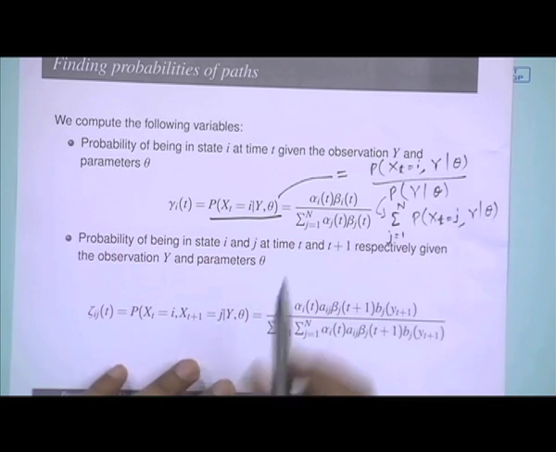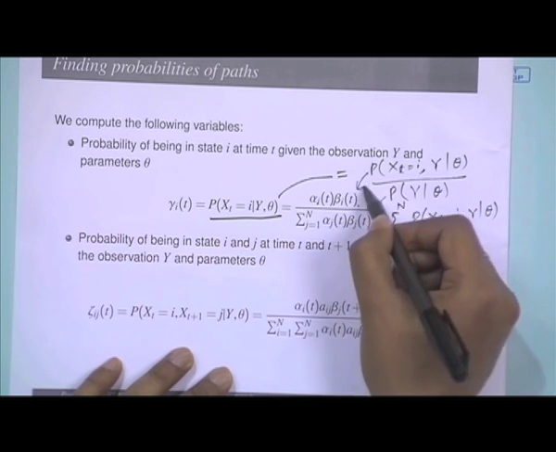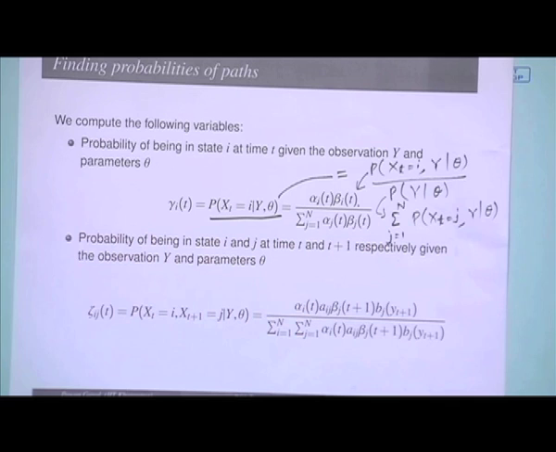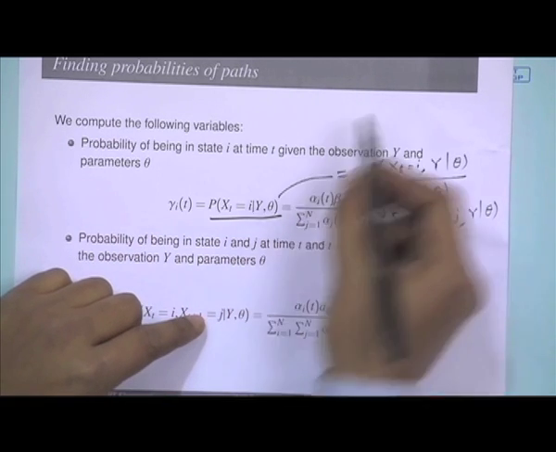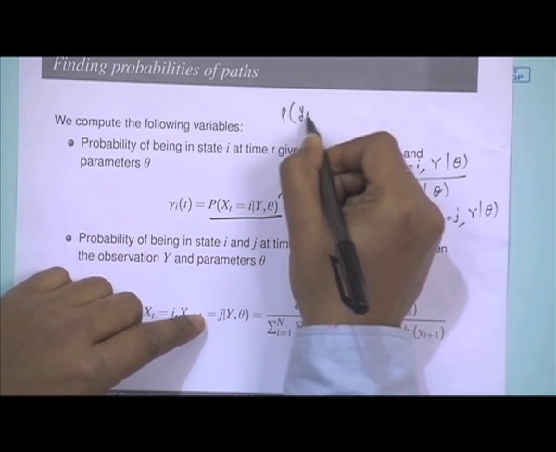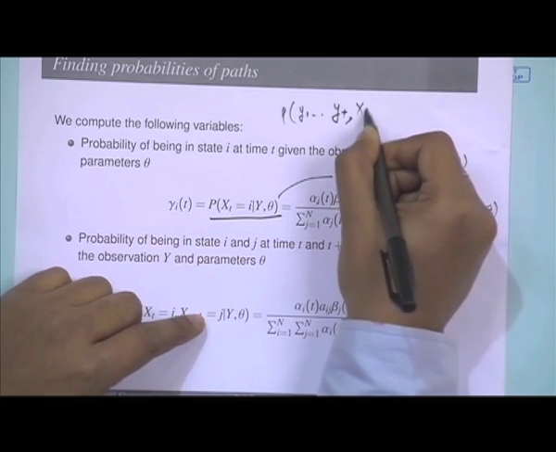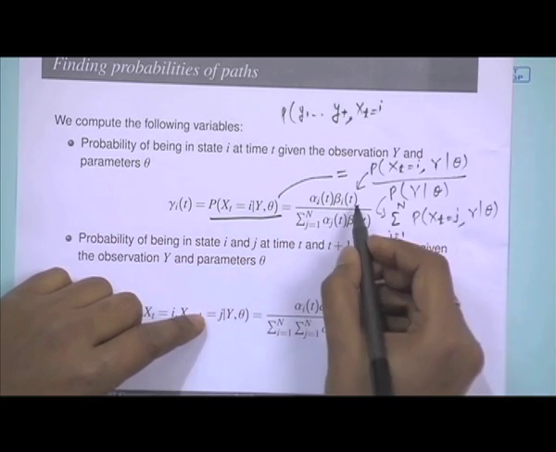Now what I have to show is that alpha it times beta it is the probability of xt = i, y given theta, and that is very easy, because what is alpha it? This is the probability of y1 to yt and xt = i. What is beta it?